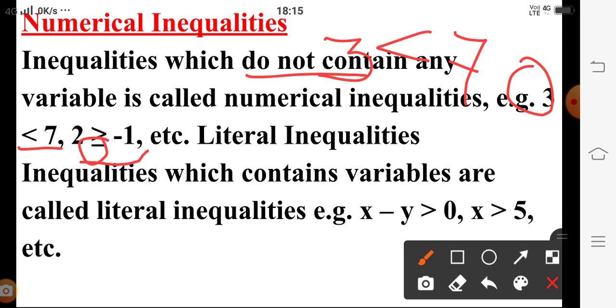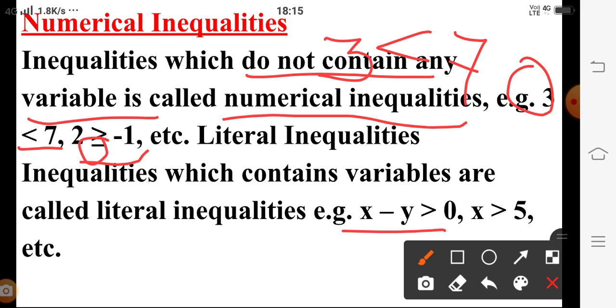Inequalities which do not contain any variable we call numerical inequalities, and inequalities which contain a variable are called literal inequalities. If you are considering the numbers only, that is called numerical inequalities, and if you are considering the variables only, then we call that literal inequalities.